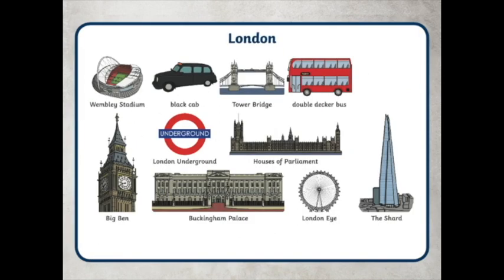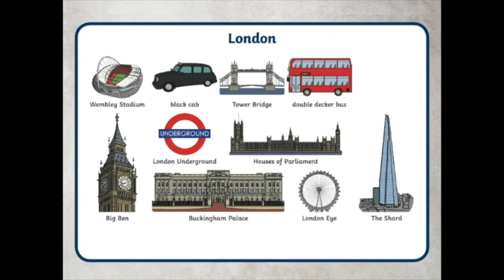If you would like to write a postcard pretending that you are visiting London, here are some things that people do in London. Some people like to visit Wembley Stadium and watch a football match. Some people like to take a black cab ride in a black taxi.